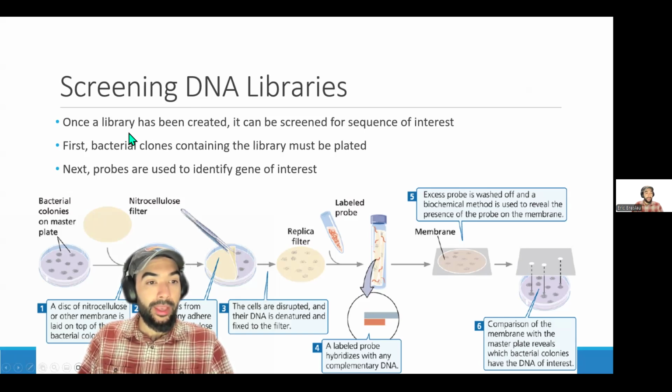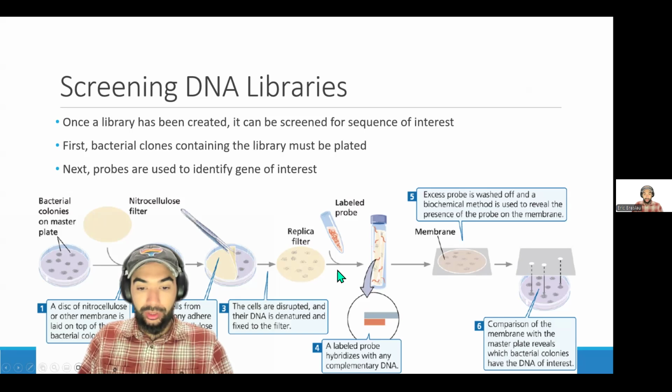of interest. What we can do is run this nitrocellulose assay here, where we have our colonies of growth. We add this nitrocellulose filter on top of our colonies, and what happens here is genetic material will transfer from the colonies into the nitrocellulose filter.